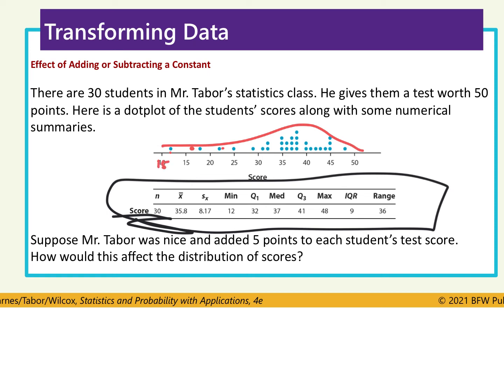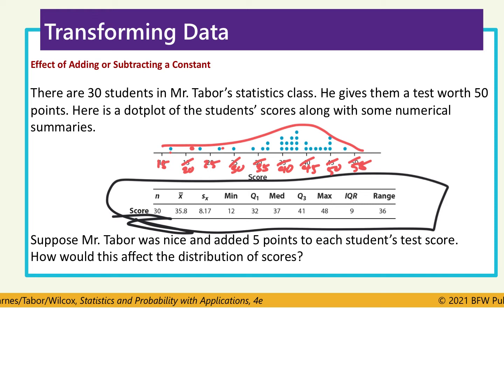Basically, this becomes 15, 20, 25, 30, 35, 40, 45, 50, and 55. It didn't change anything about the shape of the distribution. It just changed the numbers that it's over, right? We're still going to have the same shape.